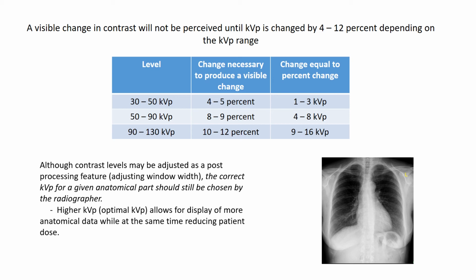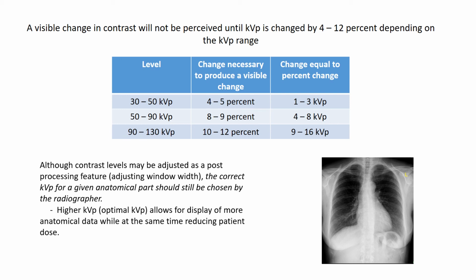So although contrast levels may be adjusted as a post-processing feature, which we adjust the window with, the correct kVp for a given anatomical part should still be chosen by the radiographer. The radiographer should still be setting up the correct technical factors, which include the correct kVp.